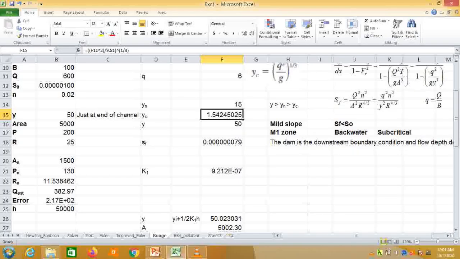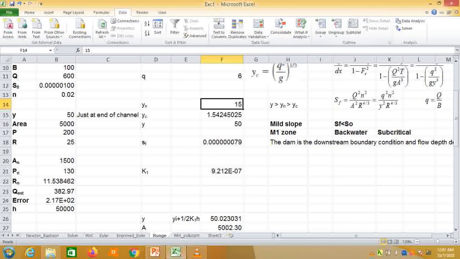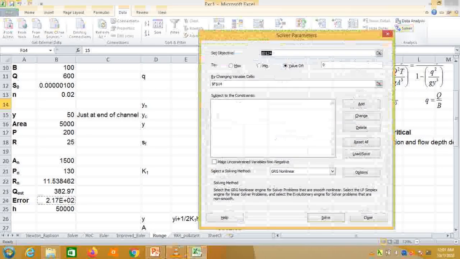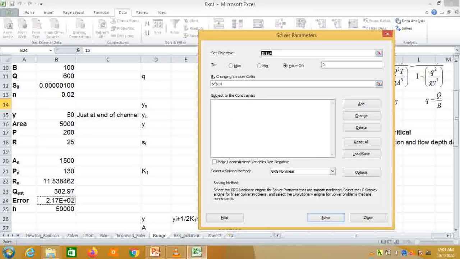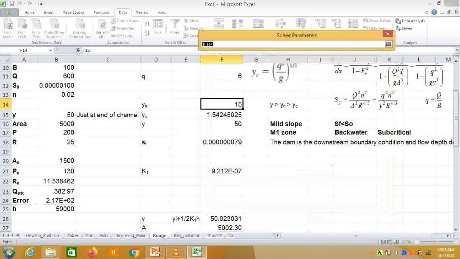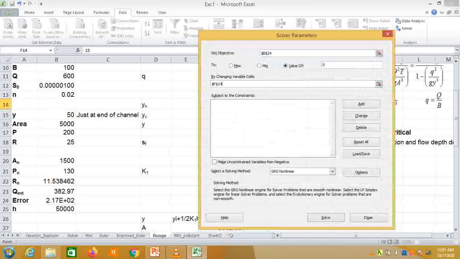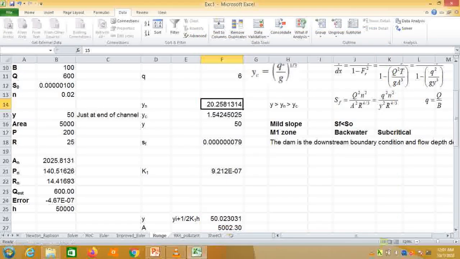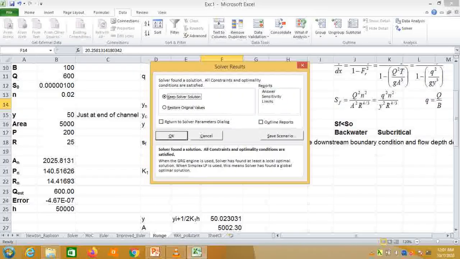Using Solver, we have tried to solve that, remember? So we are going to set the objective function, which is the error, to be 0 by changing what? The value of Y here. By changing this value. So we say solve, then it quickly finds that a solution has been found. So obviously the normal depth is 20.25.